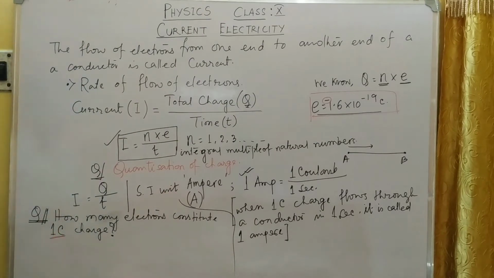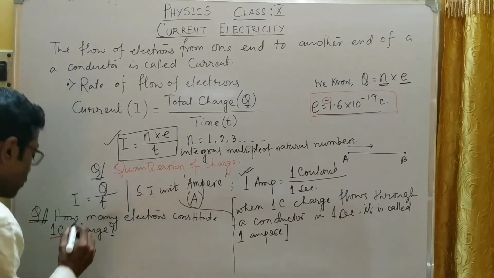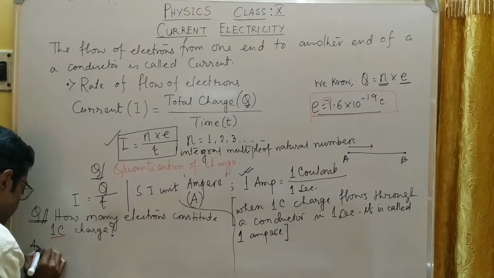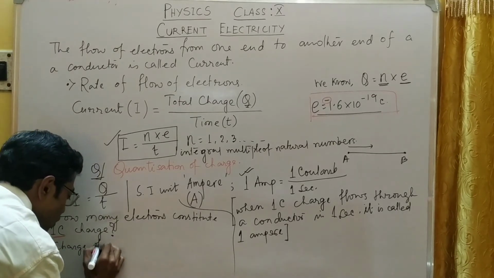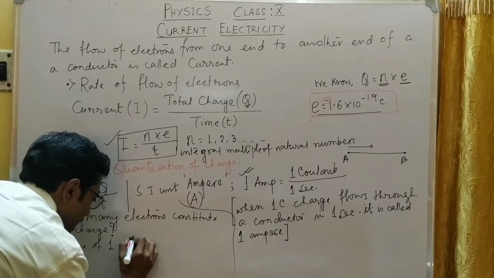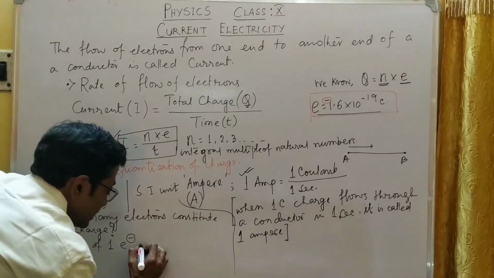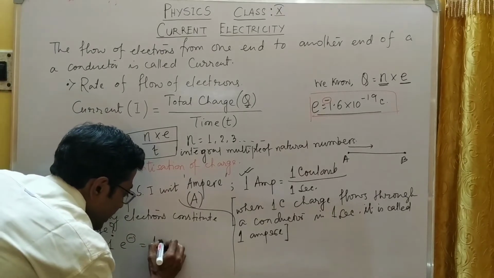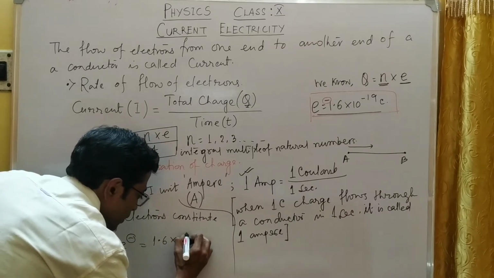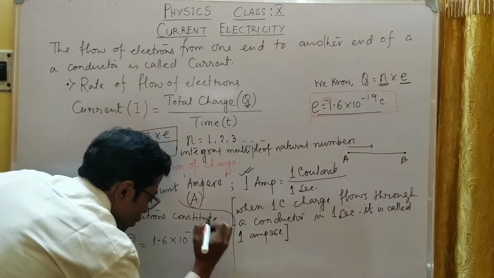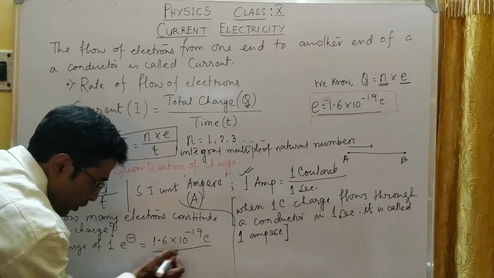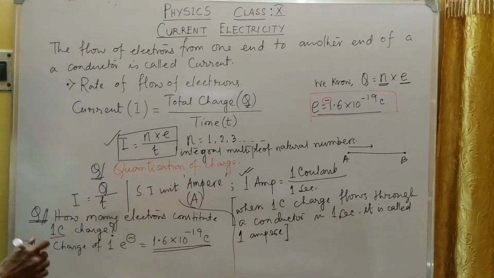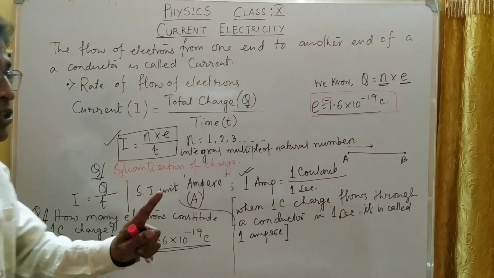We know the charge of 1 electron is 1.6 into 10 to the power minus 19 coulomb. For producing 1.6 into 10 to the power minus 19 coulomb charge, how many electrons are required?